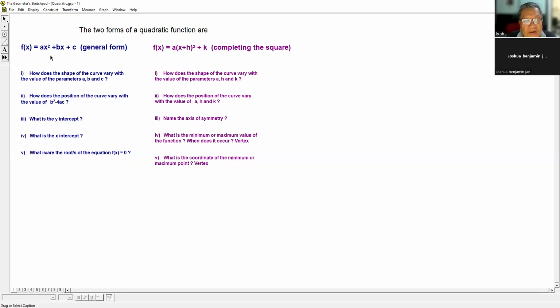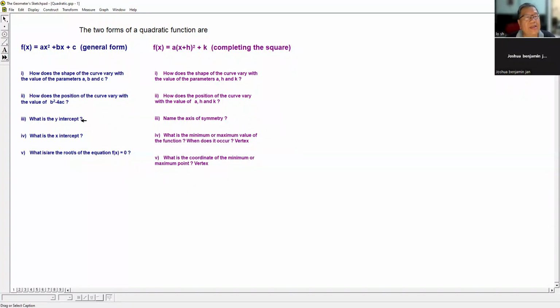If the curve is above the x-axis, it will not cut the x-axis. Or if the curve is below the x-axis, it will also not cut the x-axis. So b squared minus 4ac determines whether the quadratic function will cut the x-axis or not.